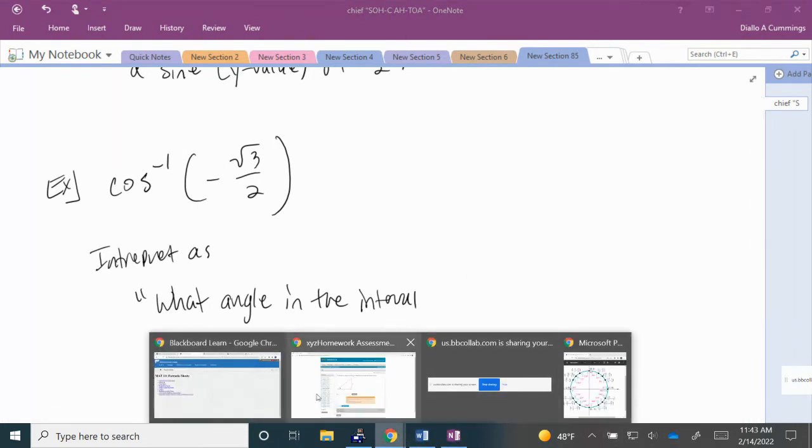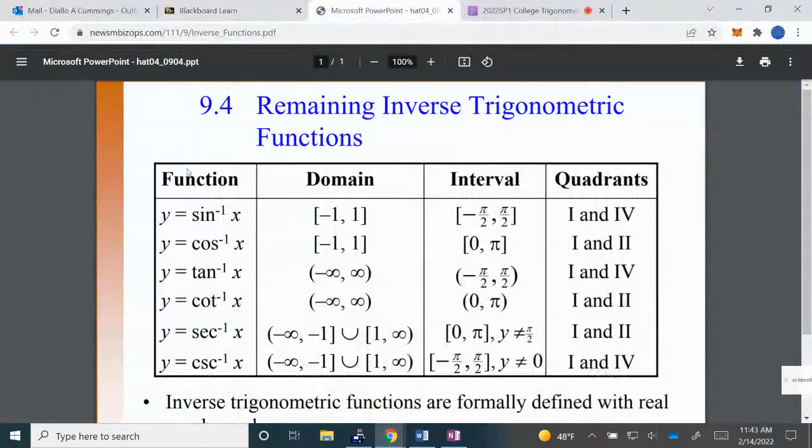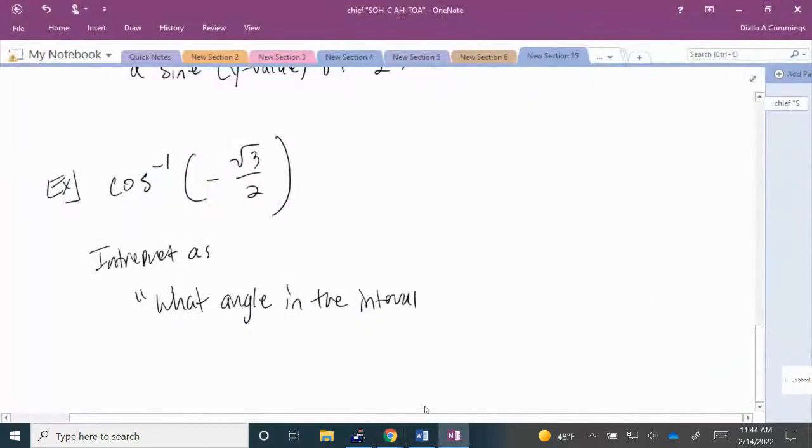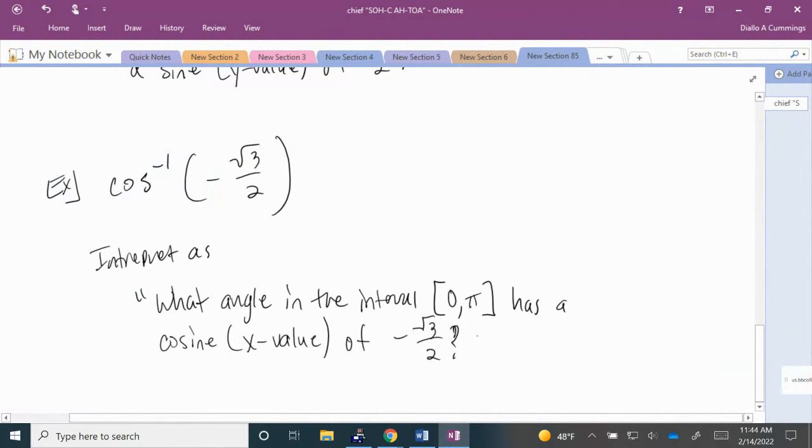I'm actually going to pull these intervals from our sheet. So arc cosine runs between the interval of 0 and pi. Has a cosine, and remember cosine is an x value, of negative square root of 3 over 2.